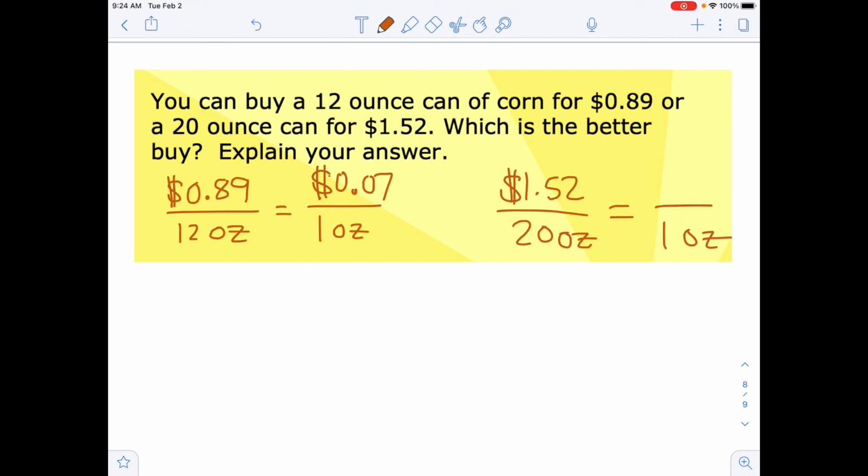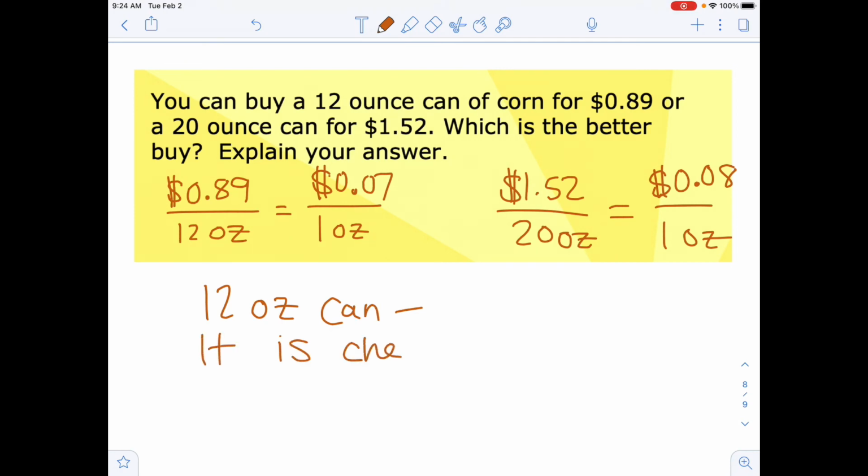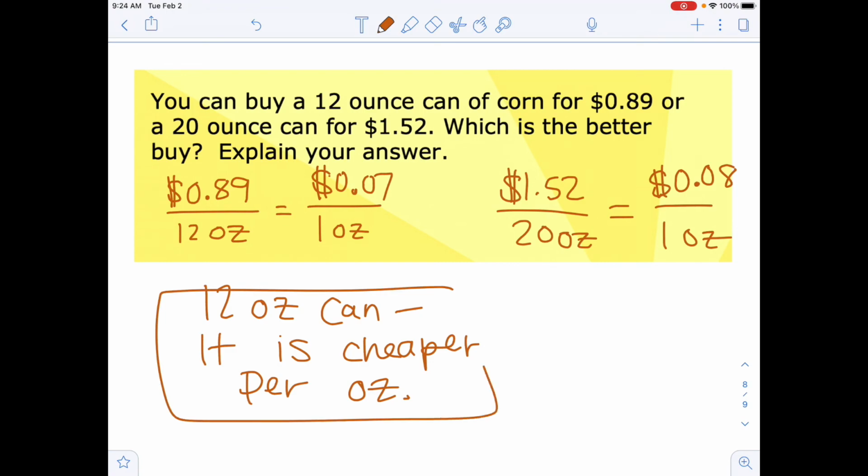So I'm going to take $1.52 divided by 20, and rounded, that would be 8 cents. So the better buy would be the 12-ounce can. And then it says explain. So all I'm looking for is for you to say, it is cheaper per ounce. That's enough of an explanation for me.